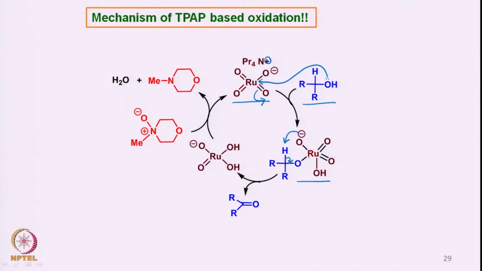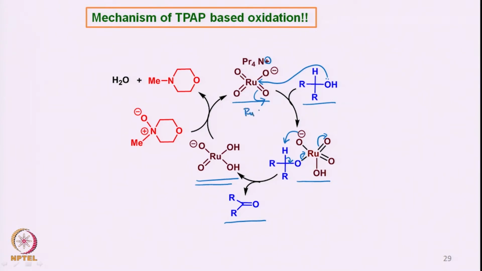which allows the oxidation to take place in this fashion, and one can generate the corresponding ketone and the ruthenium species which is low valent compared to the starting ruthenium, which is ruthenium 7.